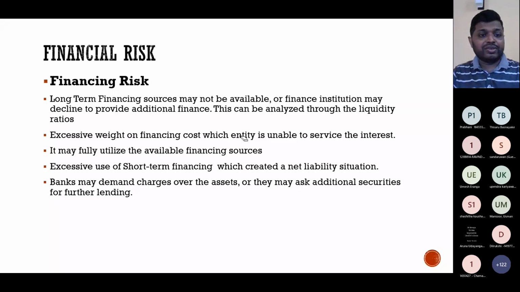They can demand, right? The same thing happens to a business entity. If they have borrowed already and are unable to pay, then banks may demand the asset. They might ask you to give the asset back to the finance institution. That is called financing risk.